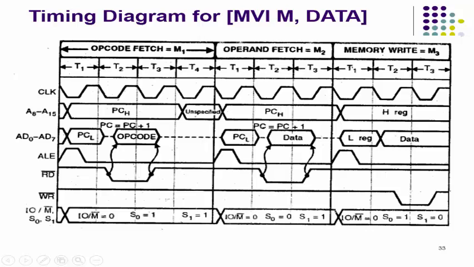So therefore a total of 3 machine cycles are required. This is the timing diagram for MVI M, 8-bit data.